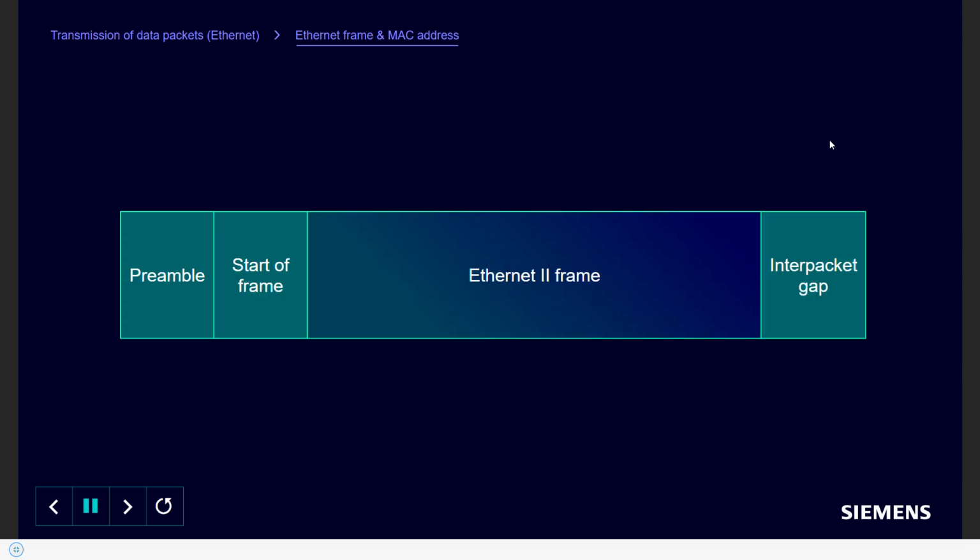The Ethernet frame is surrounded by the so-called preamble, the start frame delimiter and the interpacket gap. These 3 blocks start and end the Ethernet frame, but they are not used on layer 2, as with the Ethernet frame, but rather on layer 1.